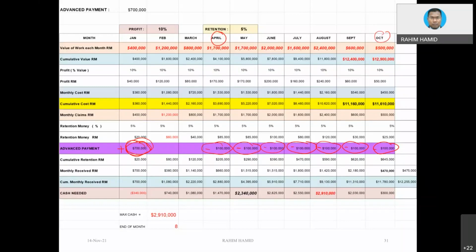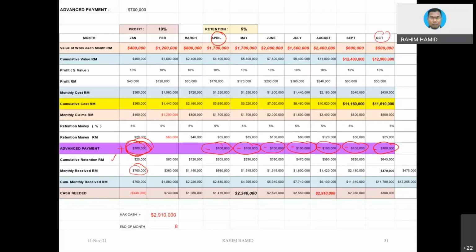Okay, now, cumulative retention we already mentioned. Once you have the retention monthly, then you can do cumulative because that will be affected later on. Okay, monthly receive. Monthly receive means the amount of money that you are going to get per month based on your work.